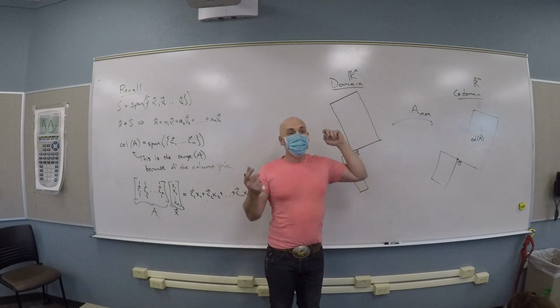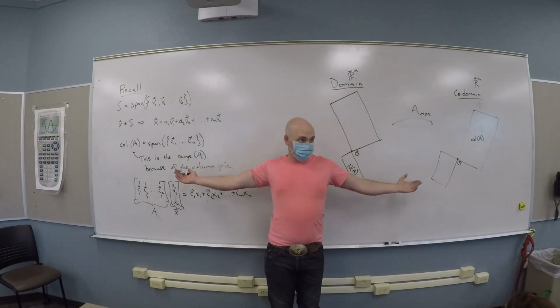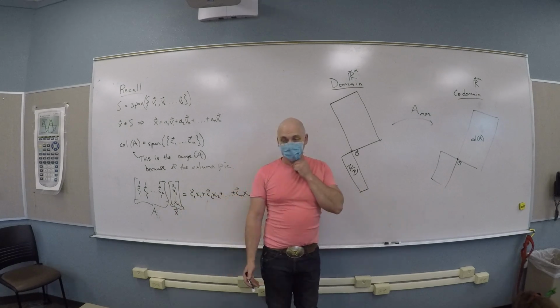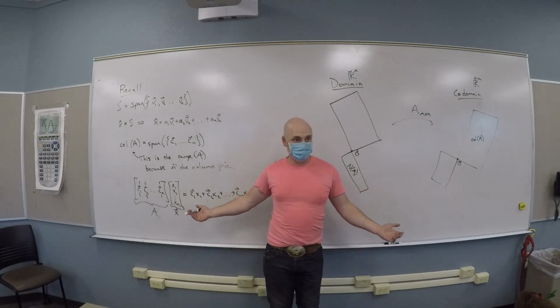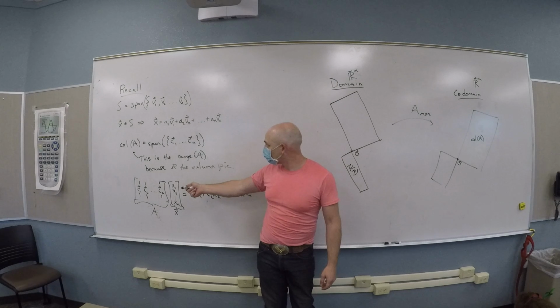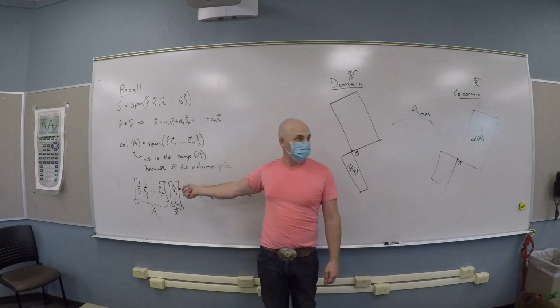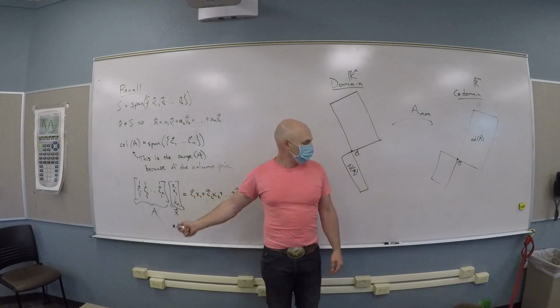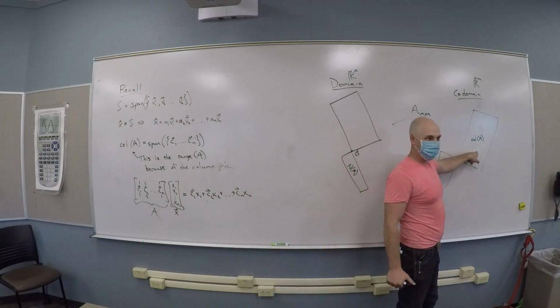What up here on the board has n things in it? Where are my n vectors? My columns are m long, which I know because they're over here.